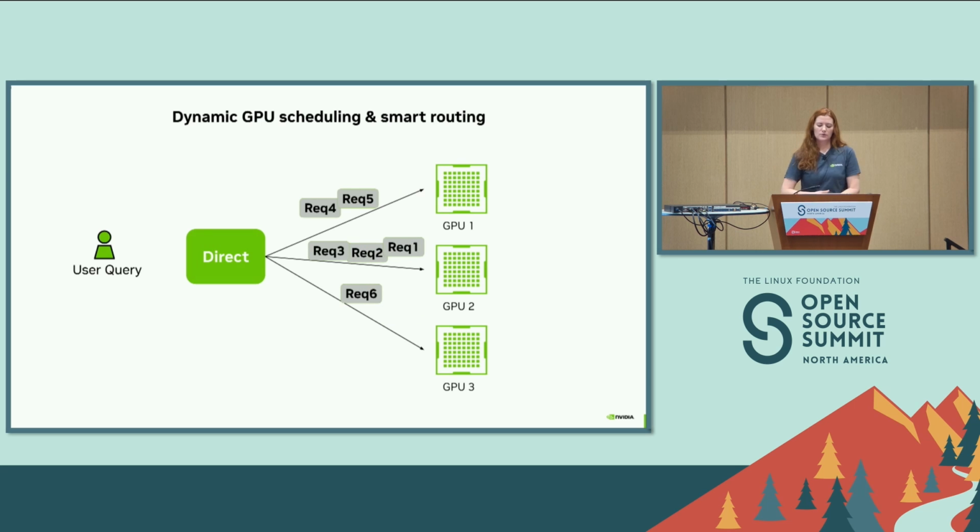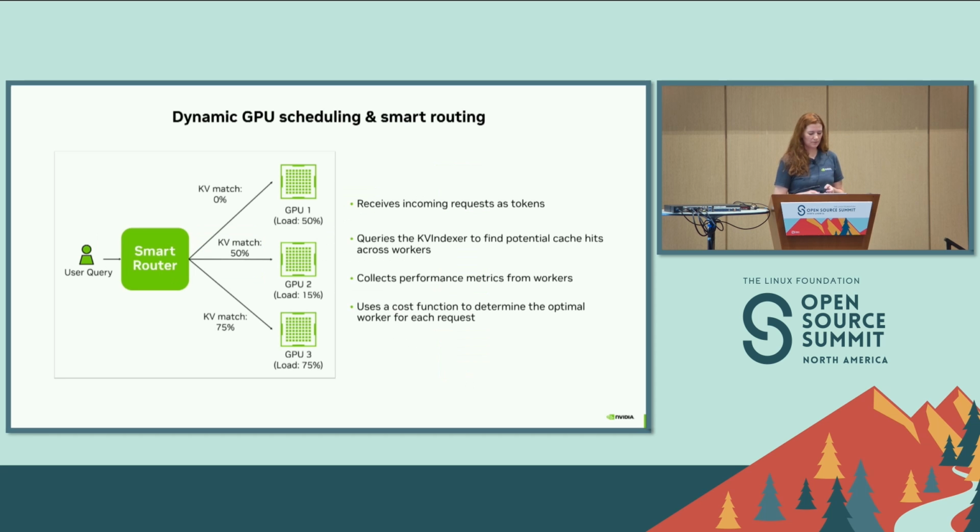In Dynamo, we also support something called direct routing. In this scenario, you can basically control which GPU to send your request to. So how can we use it? We can do something like a smart router. And that will solve the issue where we need to recompute the KV cache, meaning we would not need to recompute the full KV cache.